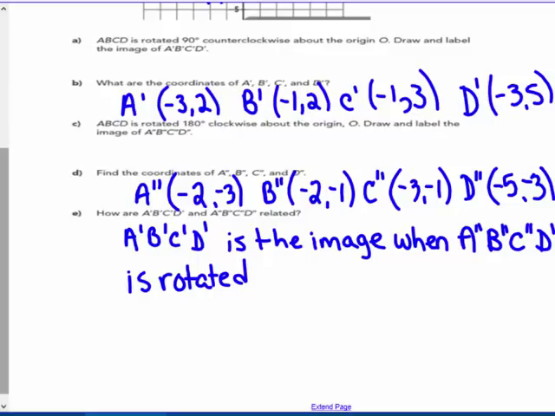Isn't that counterclockwise? 90 degrees clockwise about the origin.